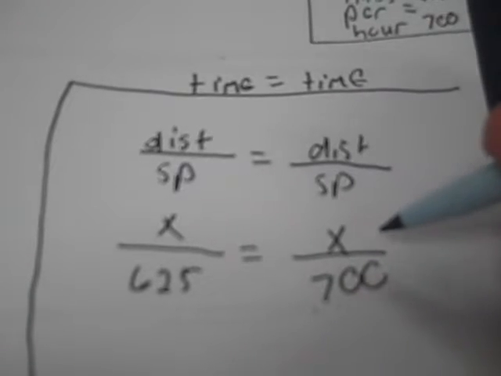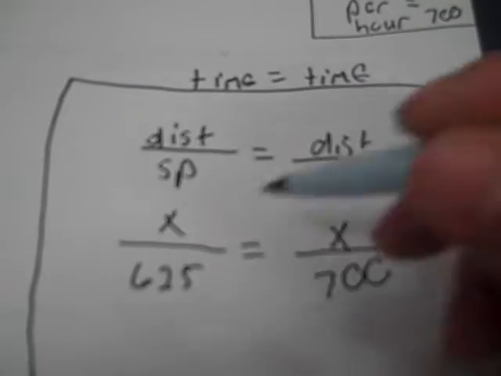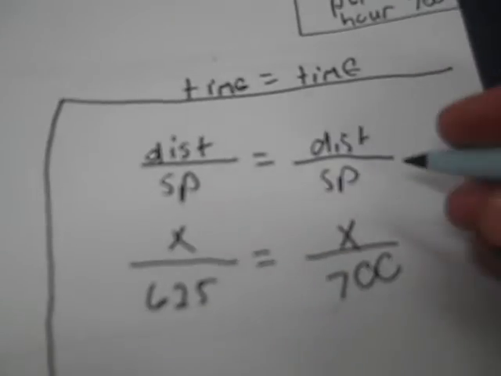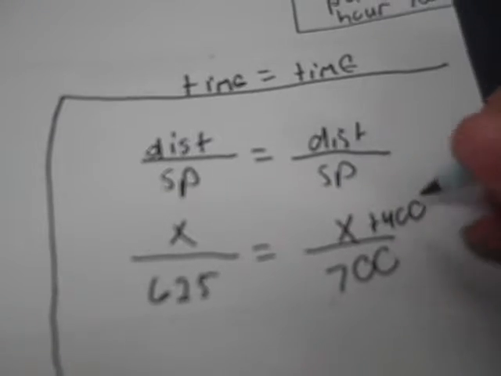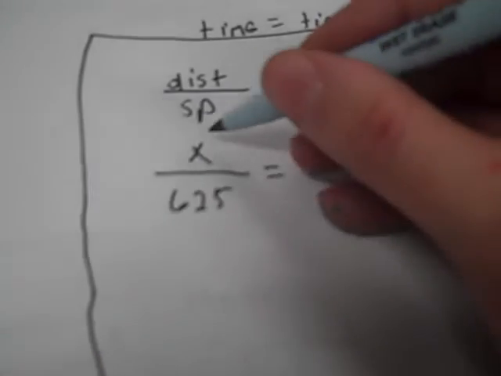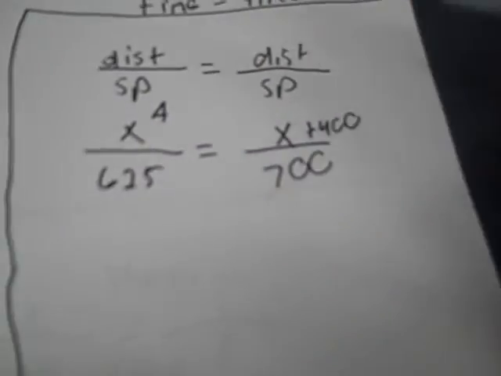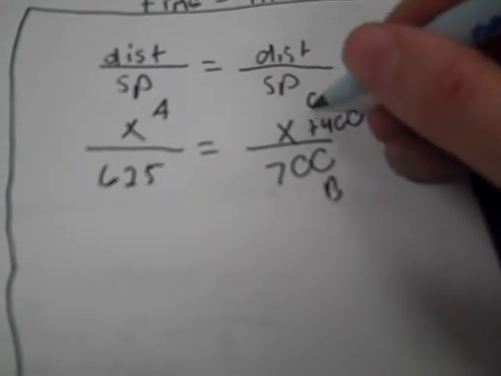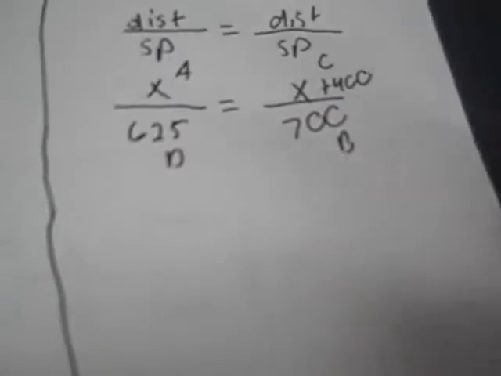But we do know that this faster one, this one here, not that one, this one, the one with the 700, went 400 miles further. So I can add a 400, and now what I can do is use the ABCD method. So that's A, that's B, that's C, that's D, okay?